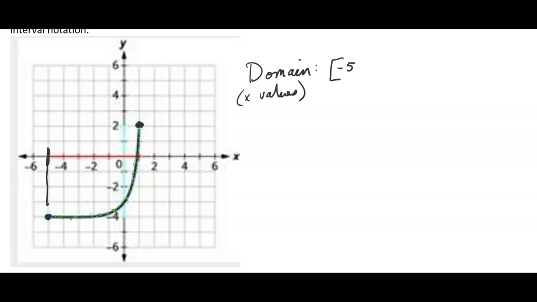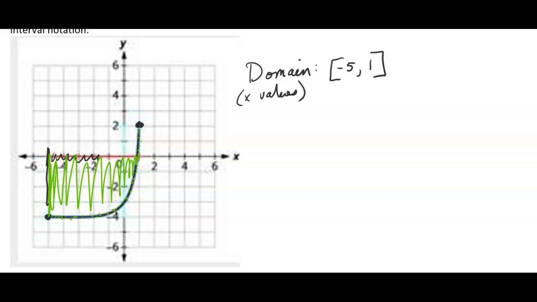And then it's going all the way over. What am I looking at? Where is the curve? Is there curve here? Is there curve here? And then we're stopping. And where are we stopping? We're stopping at 1. So, comma, 1, and we're including the 1, okay? So that is the domain.